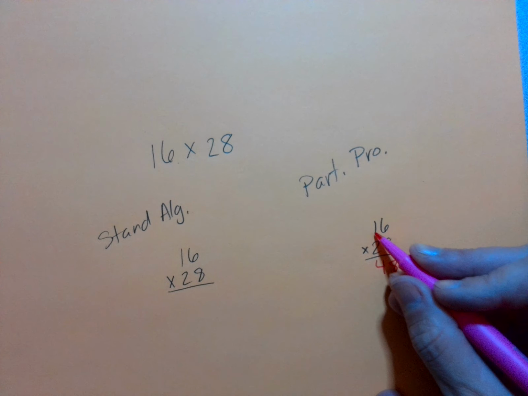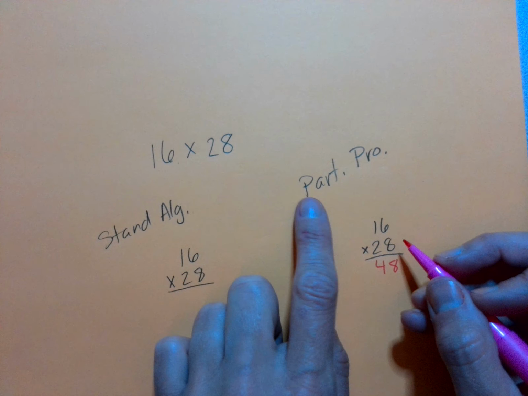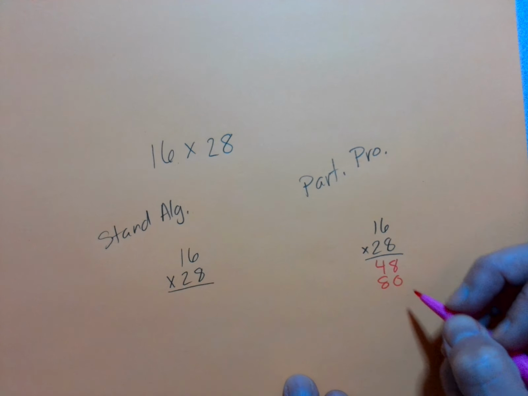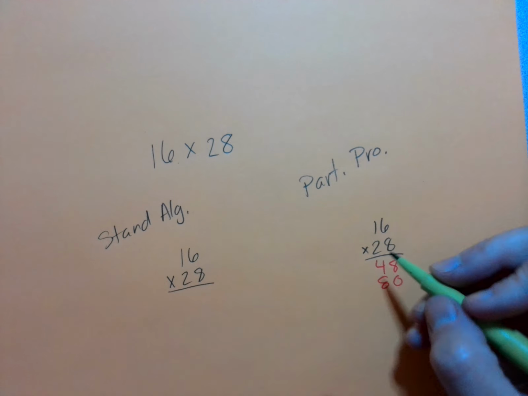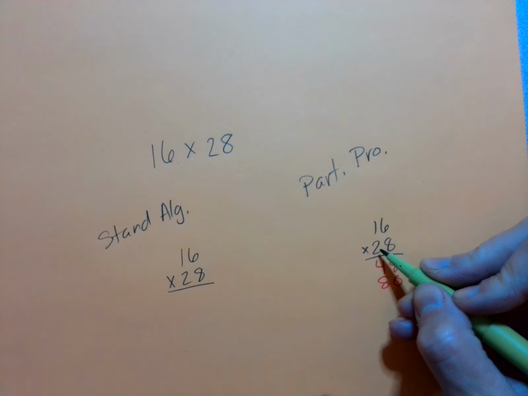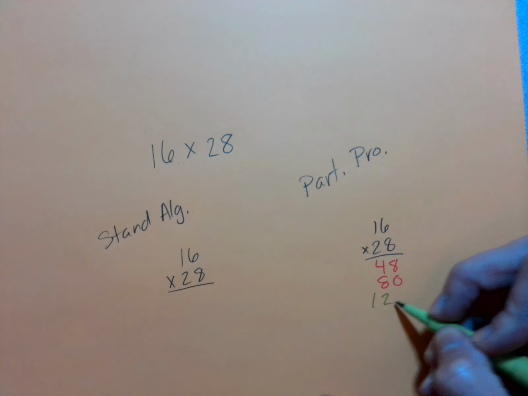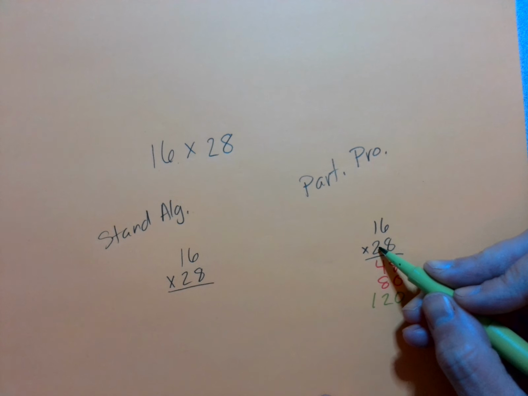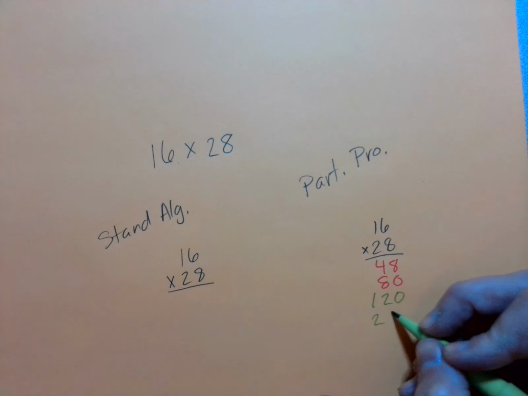And then we have 8 times 1, but technically that's a 10 when we're thinking about partial products. 8 times 10 is 80. And then we would have a 2 times, technically it's a 20. So 20 times 6 is 120. So see, we're still thinking about that place value of these digits. And then 20 times 10 would be 200.